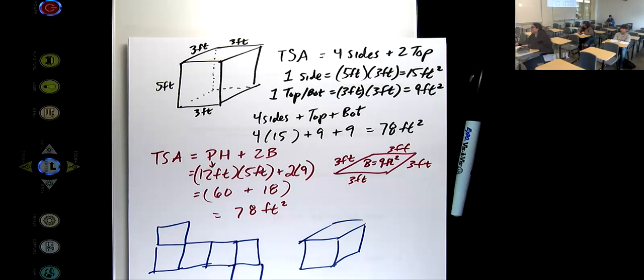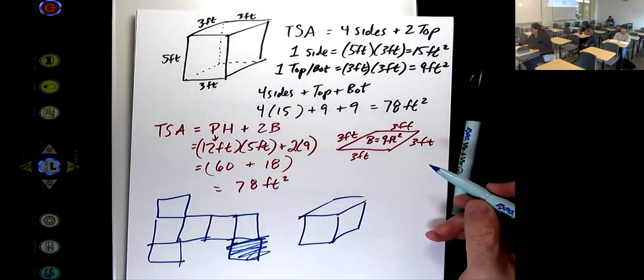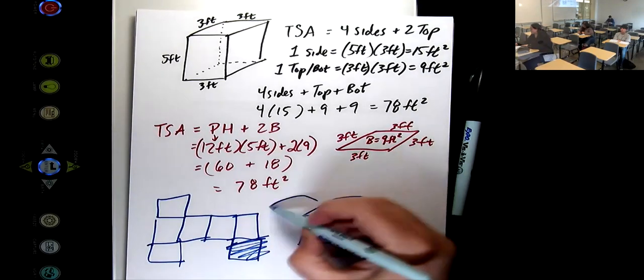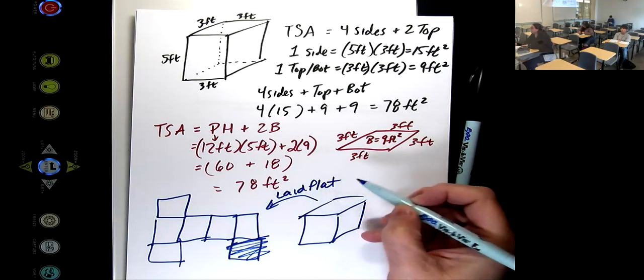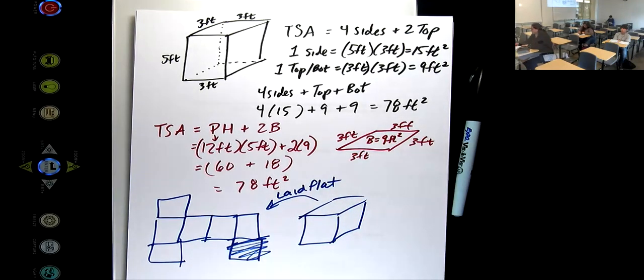If you opened up a box and laid it flat, it would look like that. Like literally cut the thing up.